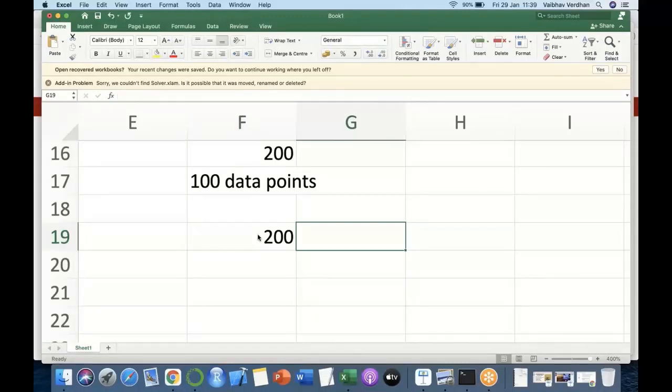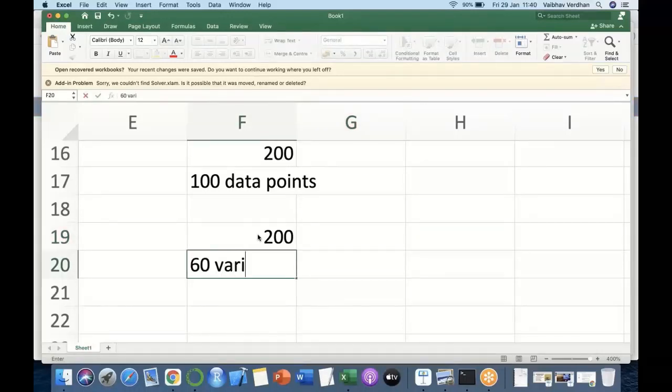There will be a set of variables which will be contributing the maximum. That means out of 200, it is possible that I have only 60 variables using which I can explain, let's say, 95% of the data or 95% of the variance in data.